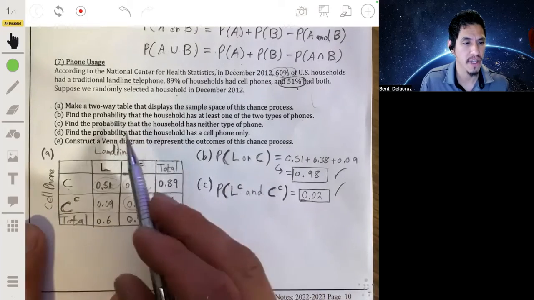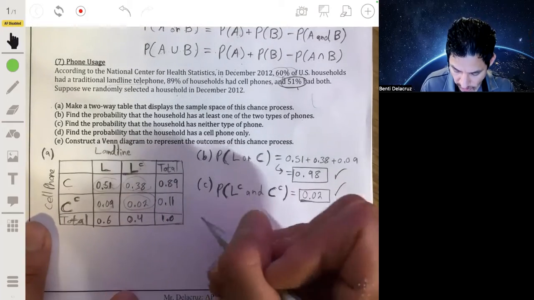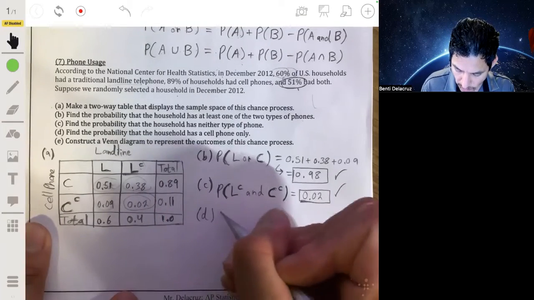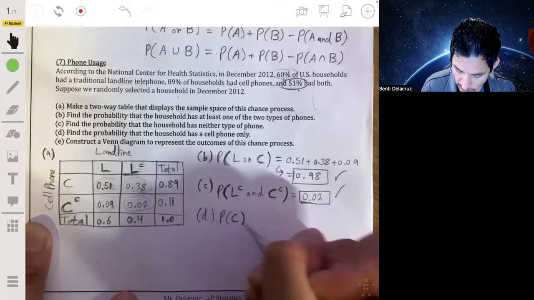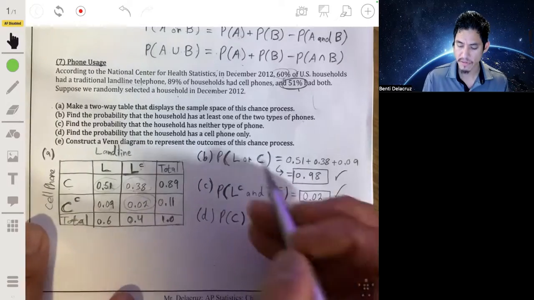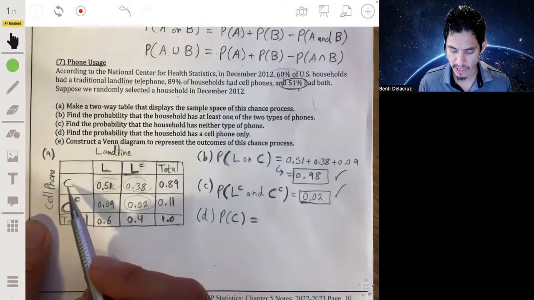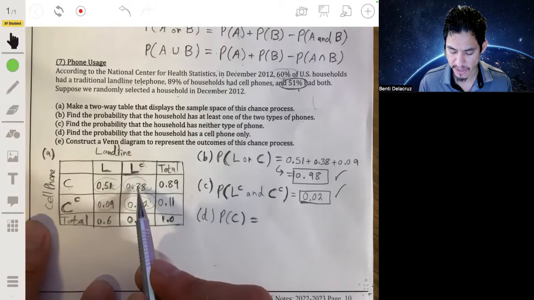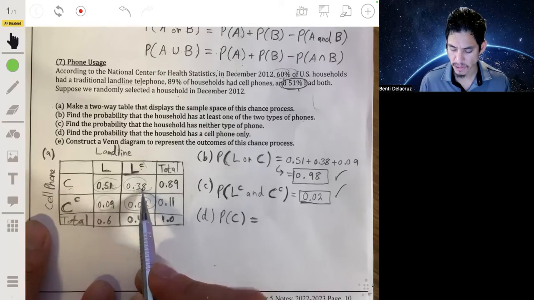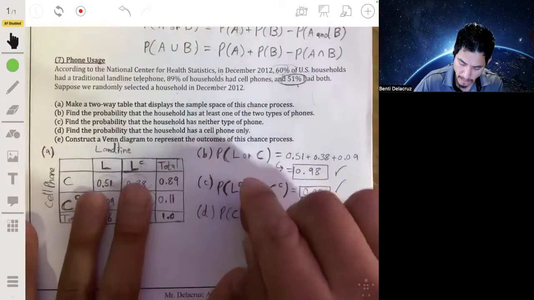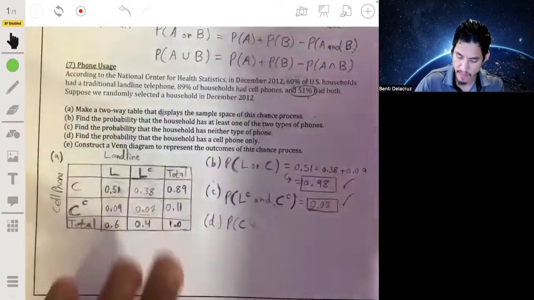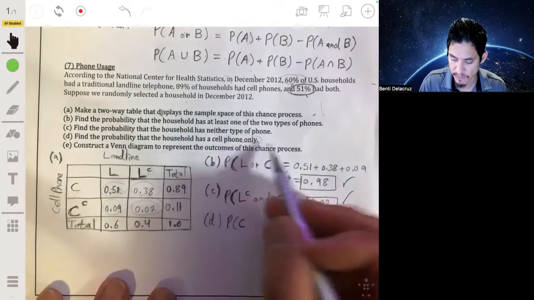Right, part D, find the probability that the household has a cell phone, only a cell phone. The probability of C. Well, now we just look at where they have a cell phone and not a landline. So let me actually rewrite this, because that would be a little misleading. A cell phone only.